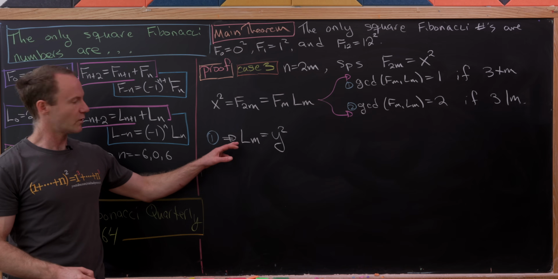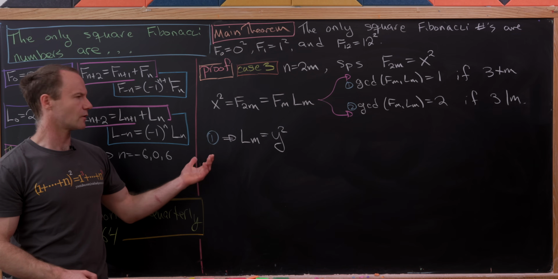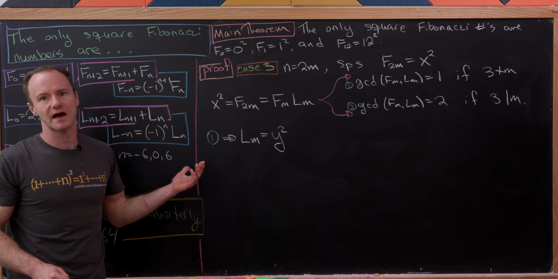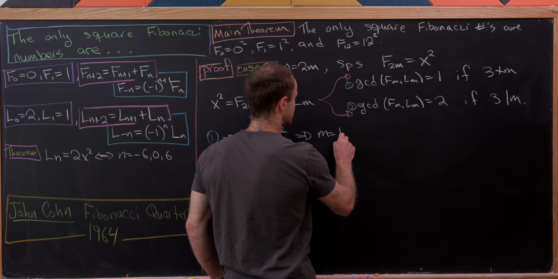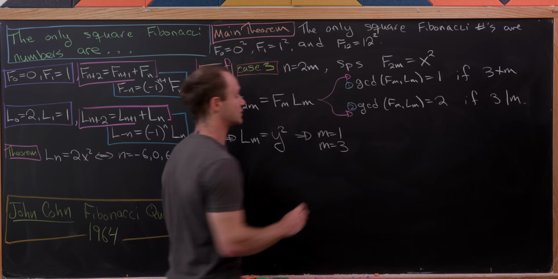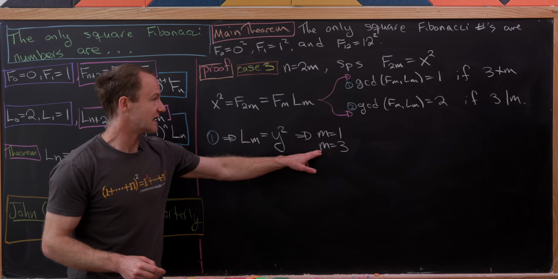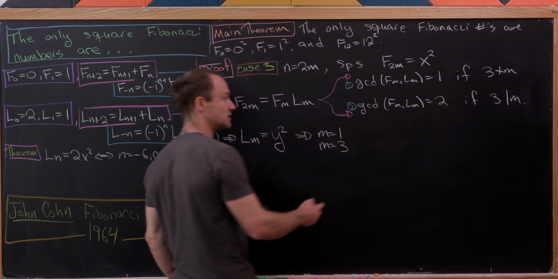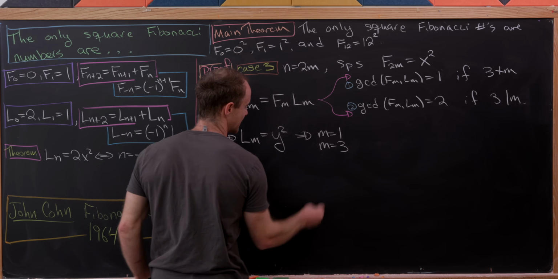Okay, but what does that mean? Well, that means that m can only have two values. We proved that previously. And so m can only be equal to 1 or m is equal to 3. Those are the only two possibilities. But notice this case when m is equal to 3 is excluded because we're in case 1 when 3 does not divide m.